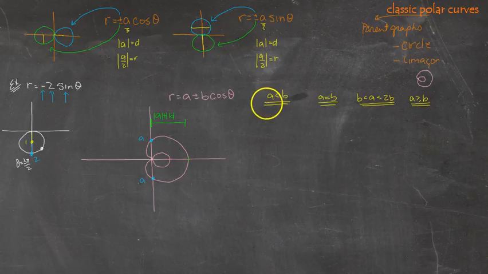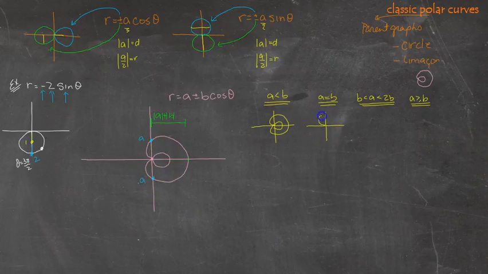Okay, if A is less than B, then you get a traditional limacon. If I were to graph it, I would get a full inner loop and the full outer loop, just like this. If A equals B, there will be some shifting of the outer loop, but the specific effect is that the inner loop disappears, which means that you're left only with this sort of heart-shaped outer loop.